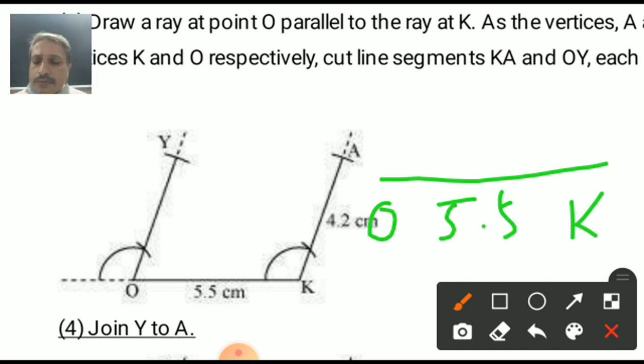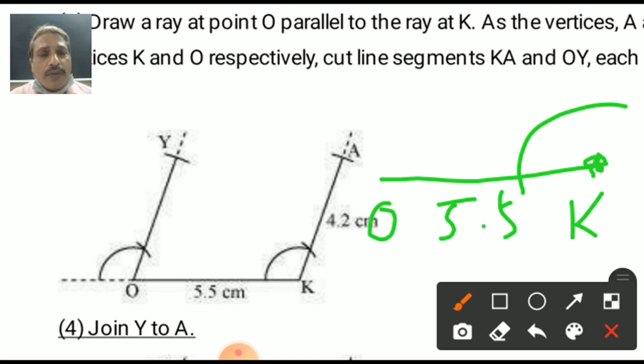Take any radius of a pair of compass and draw from K as a center. Keep K as the center, beta. You made a line, but it should be an arc, not a line.